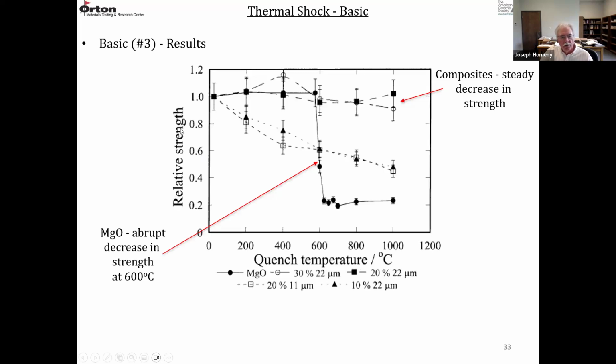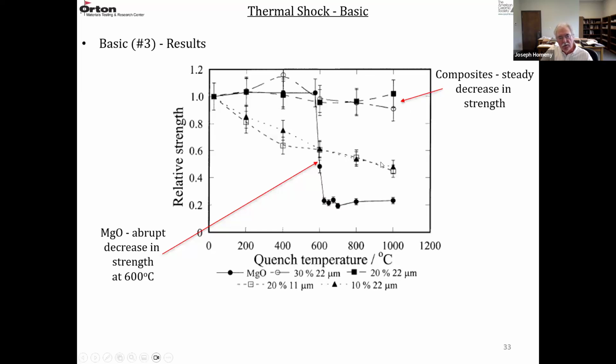So if you plot a relative strength versus quench temperature, you can see that these composites have just a steady decrease in strength. These are the best ones, 20% with the coarsest particle, 22 microns, and then the open circles are 30% loading with 22 microns. So the highest loading, the coarsest particles, really maintain their strength as a function of quenching temperature.